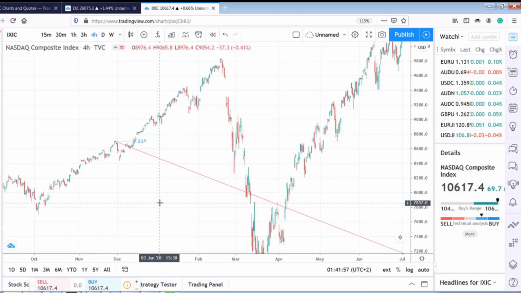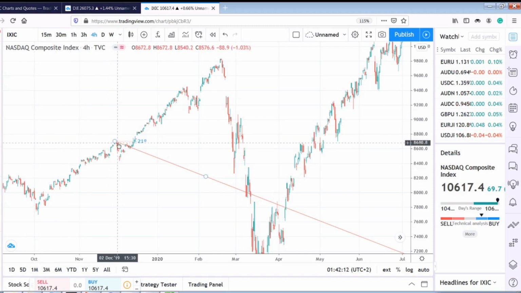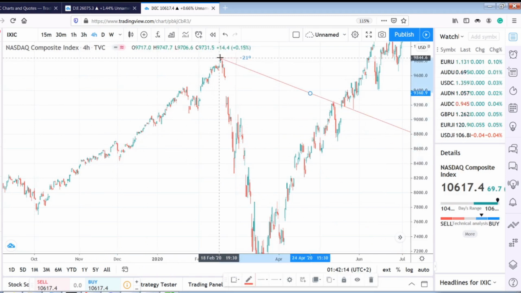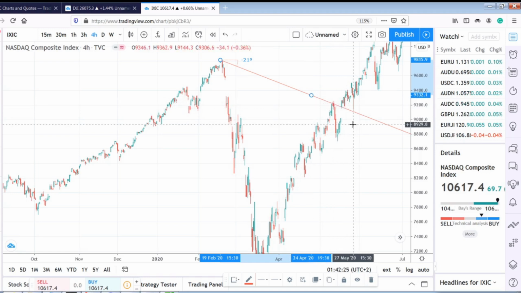It's impossible because it's just simple trigonometry, and I think cotangents couldn't have a zero value as the price, so it wouldn't work. So when you put this line over here, again, look, 21 degree, we are all the time on 21 degree. It shows us, again, a place where the market reacts to that.